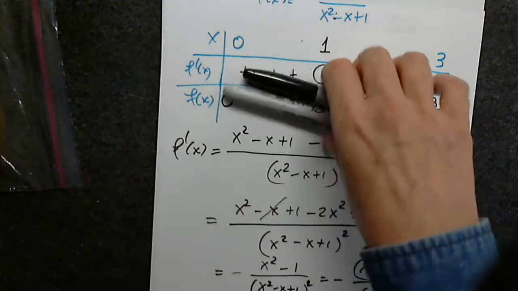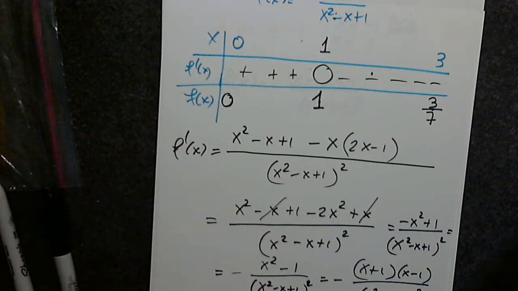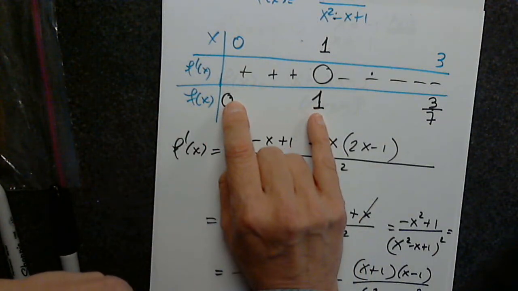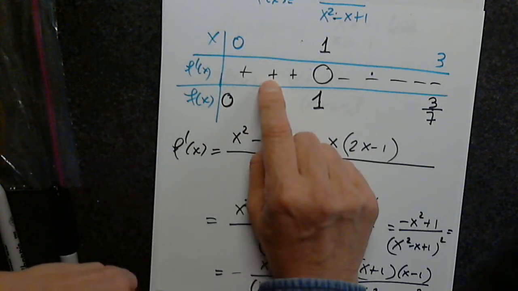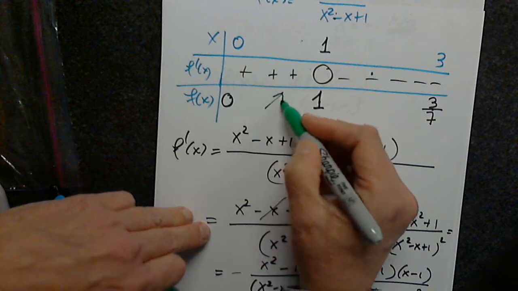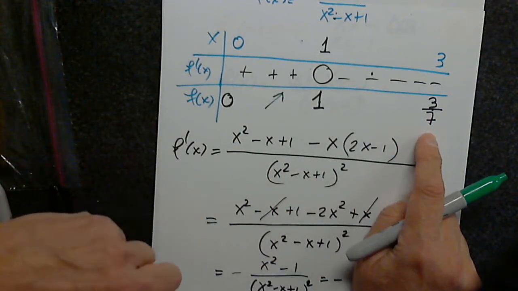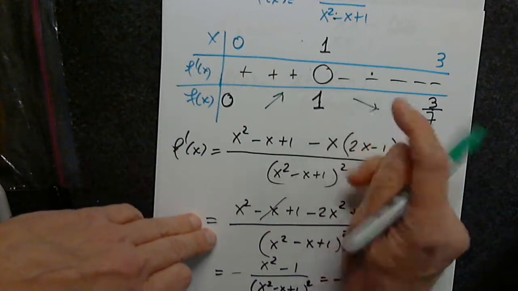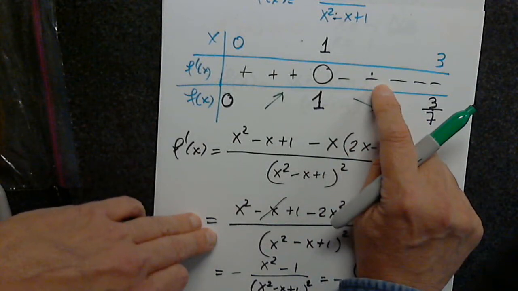I have a mistake somewhere, or more than one maybe. So from 0 to 1, what does this function do? Is that supported by the correct sign of the derivative? From 1 to 3/7, what does this function do? Good. Is that supported by the sign of the derivative?